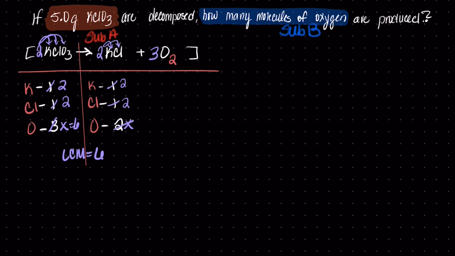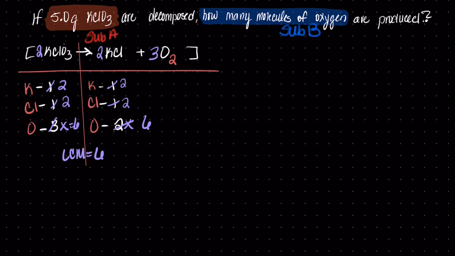And that leads me to 6. And it looks like everything is balanced, and I can't simplify it because 2 can't go into 3. So I'm good to go. I now have a balanced chemical equation here, and that's bothering my OCD a little bit. So we're going to erase that, so that way it's nice and easy to look at.